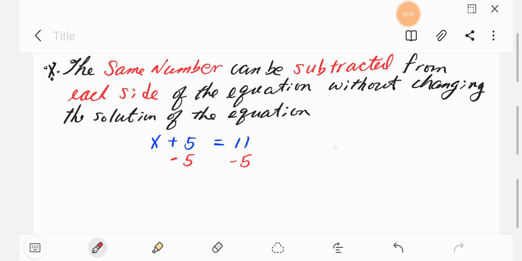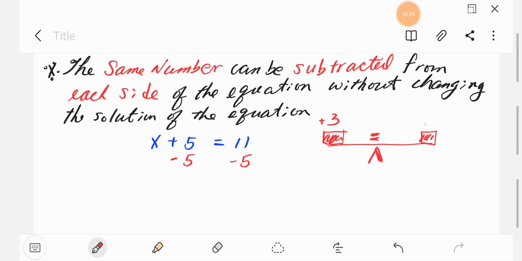Just like this, here is a balance. On the left-hand side and the right-hand side, let's say there are some apples inside, so they keep the balance. Keeping the balance means they are equal: the weight on the left side and the weight on the right side are equal. But if you add 3 apples to the left, then the left side will be heavier and the balance will tip to the left.